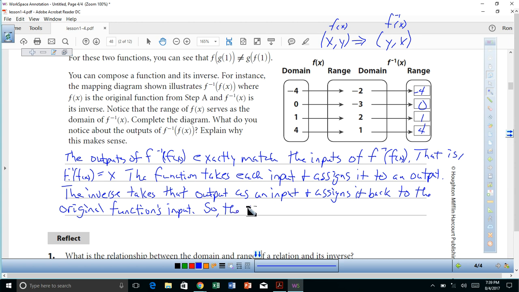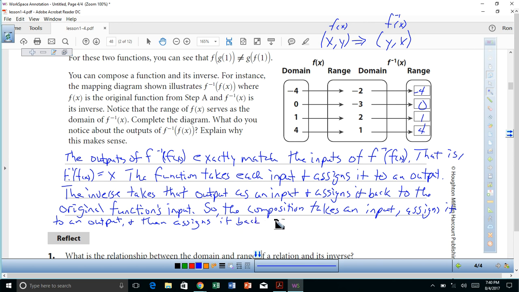So the composition takes an input, assigns it to an output, and then assigns it back to the original input.